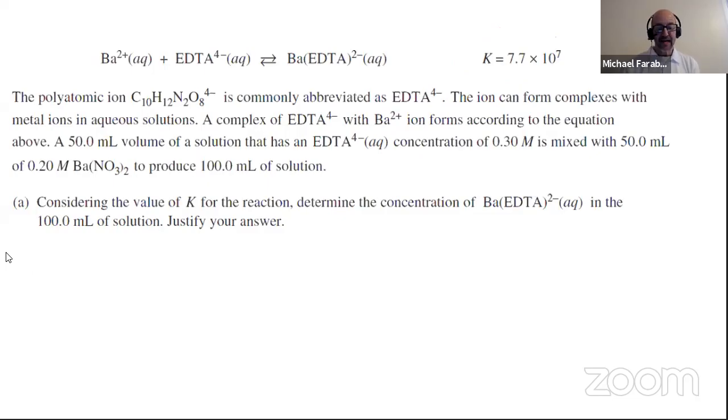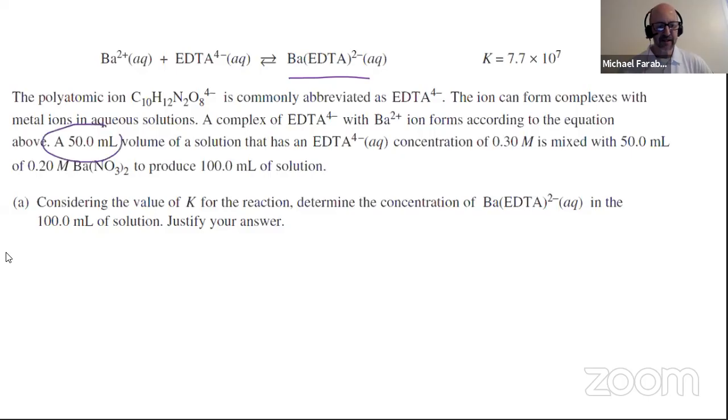Okay. And it even says this in the stem of the question in part A, considering the value of K for the reaction, determine the concentration of the product. In this case, we're talking about this chemical formula Ba, that's barium, and then this polyatomic ion, which is abbreviated EDTA. So what's the concentration of this in 100 mL of solution? Let's go ahead and focus on the information that was given to us in the problem.